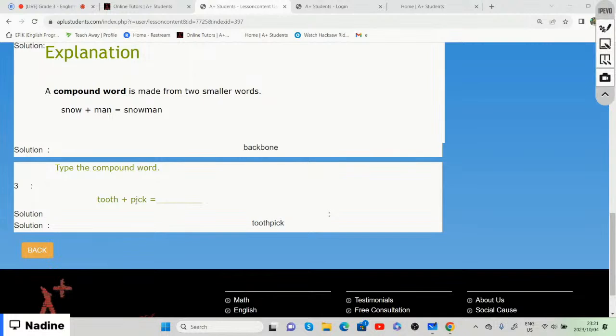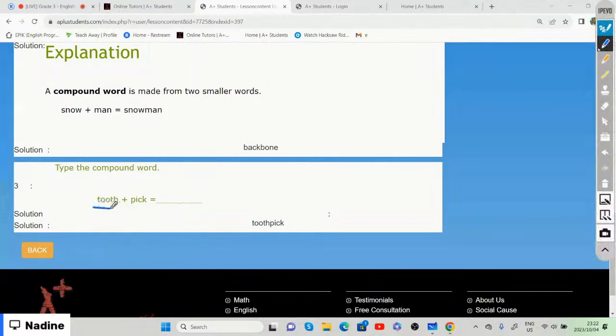And if we type our compound word of tooth plus pick, then we're going to say it is toothpick, right? That little stick that we use to take the meat out of our teeth.